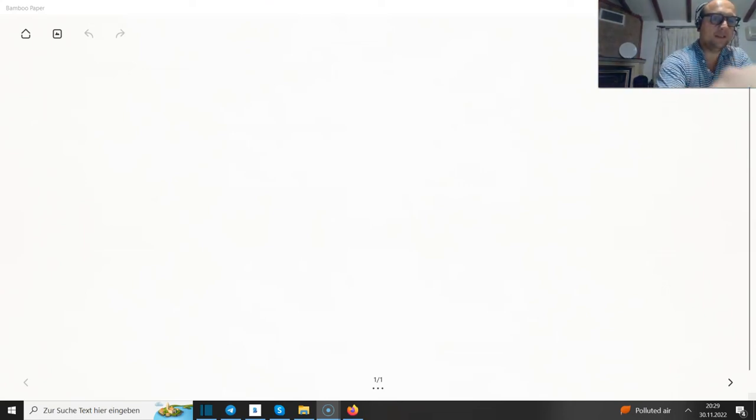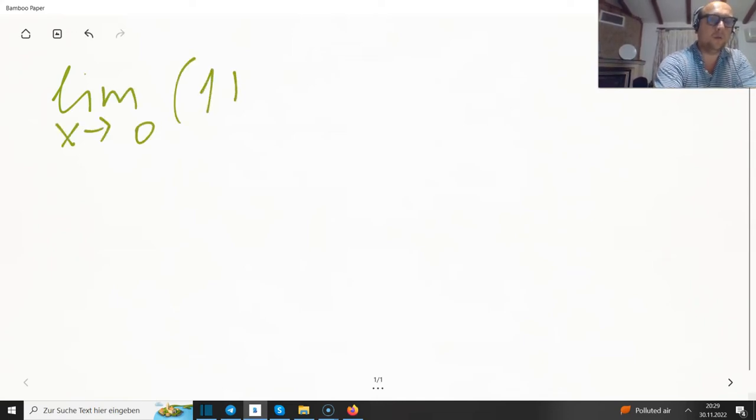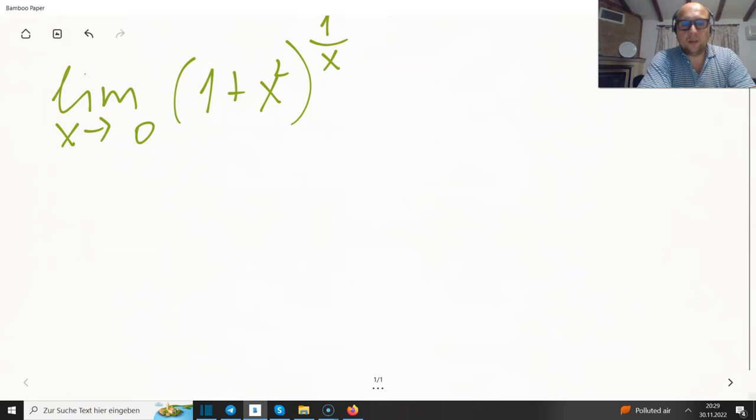Let's get it started. We have the limit as x towards 0 of (1 plus x squared) to the power of 1 divided by x. It is kind of similar to the exponential function, but with e we have x running towards infinity.